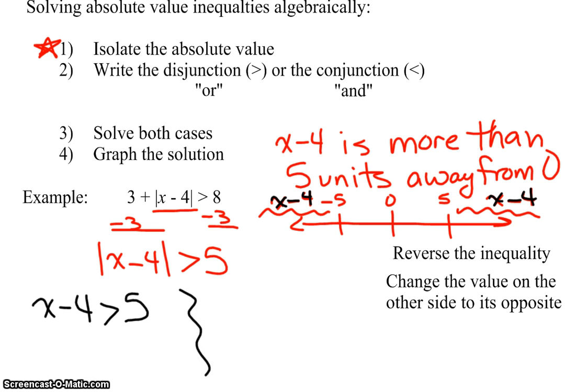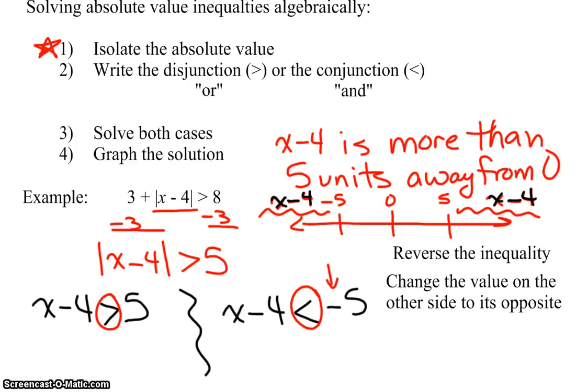The other inequality that goes with this when I consider the left side of the number line is x minus 4 is less than negative 5. Notice that the inequality reverses. It started with greater than, and when I did the disjunction, I used less than and changed the sign to its opposite. Now I solve these 2 inequalities.